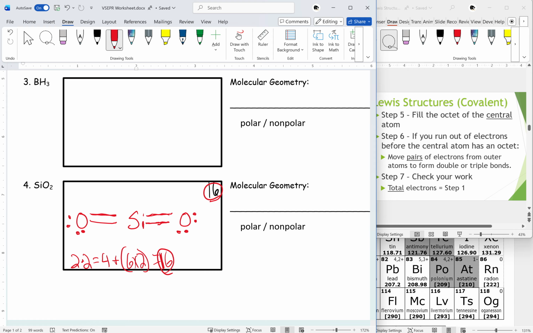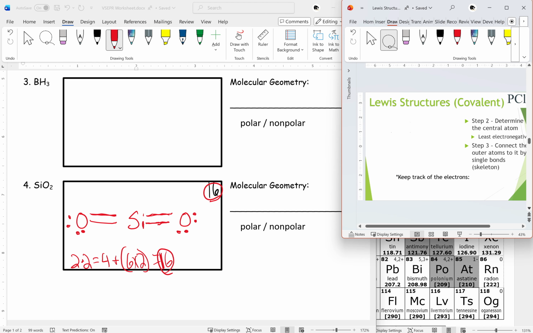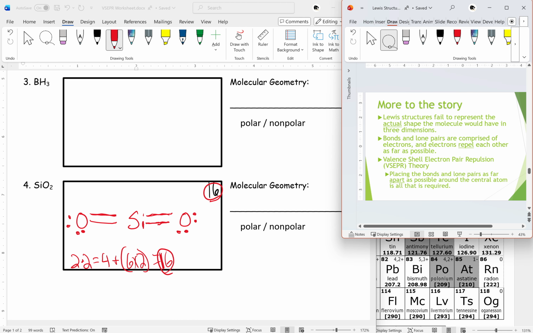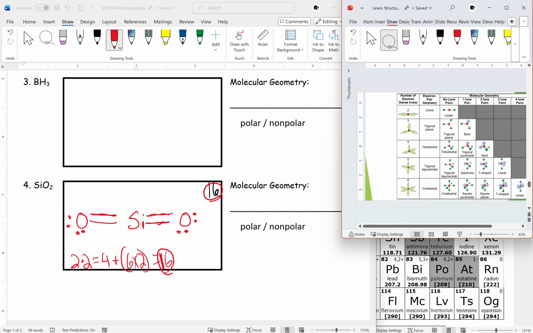For molecular geometry, this has 2 pairs, or 2 bonds, 180 degrees apart.